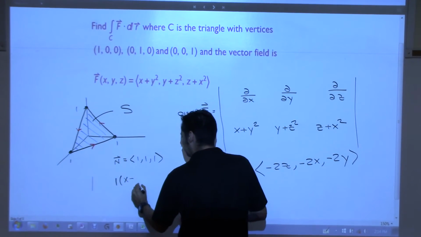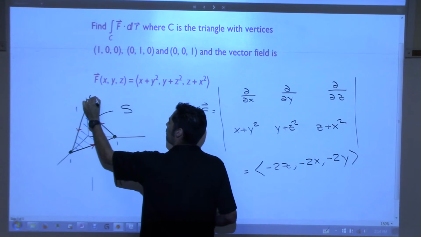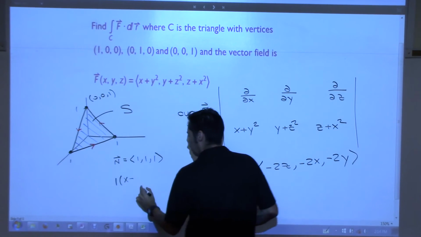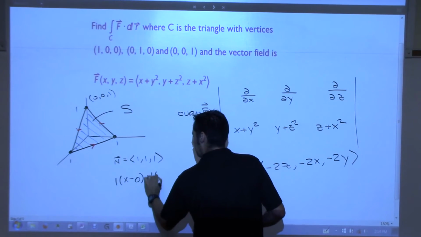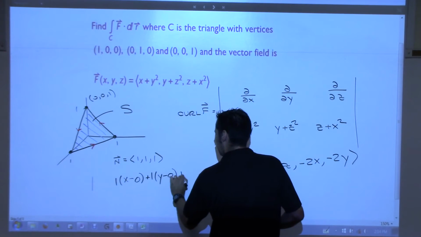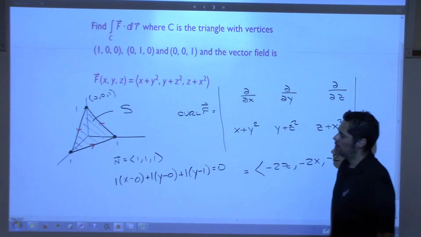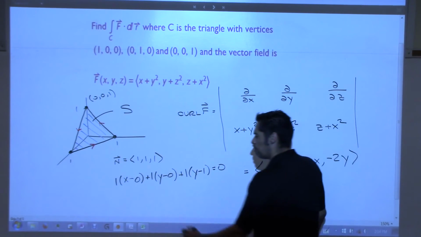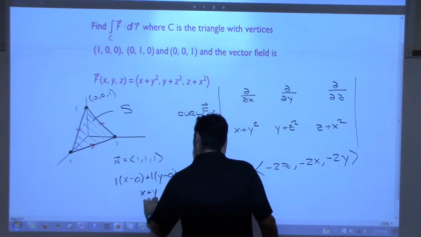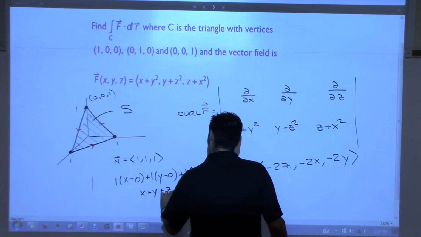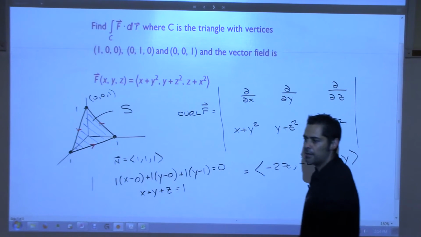If you do all that, I'll just use this point right here, 0, 0, 1, and you come up with x plus y plus z equals 1 when you put them all together.